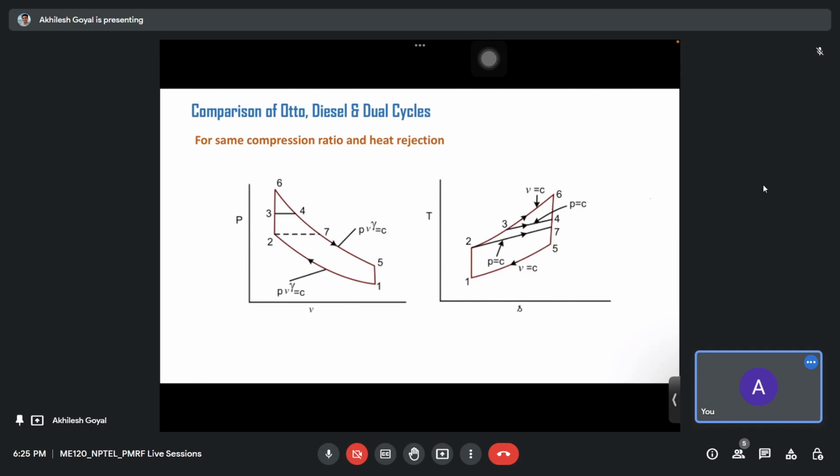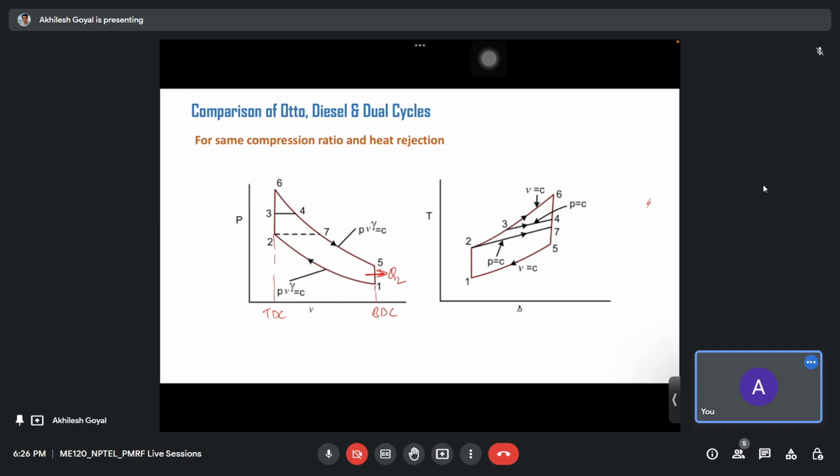For the same compression ratio we have a fixed BDC and fixed TDC, between which the piston moves. And here we can see the heat rejection for all the three cycles is the same, Q2.